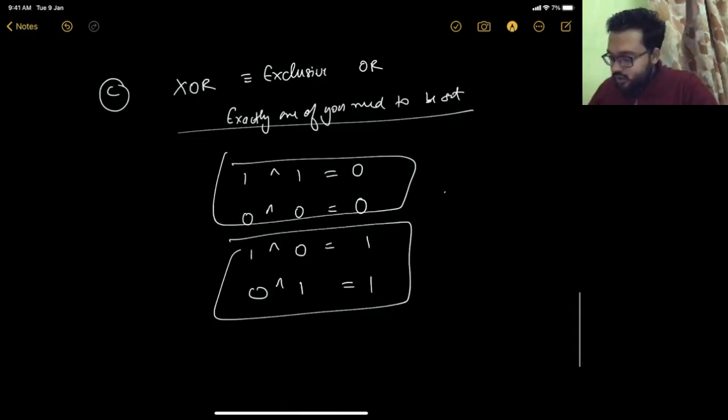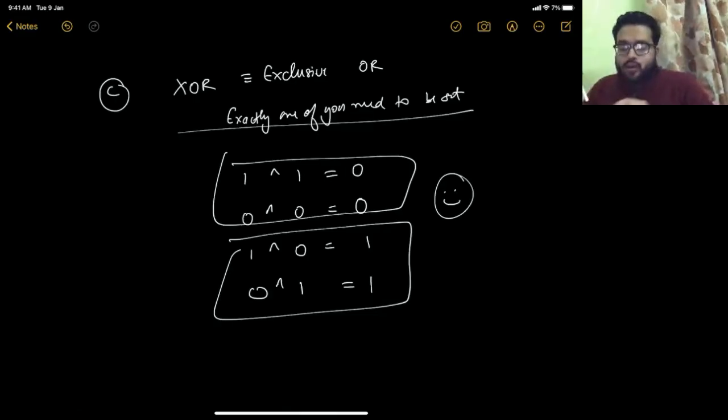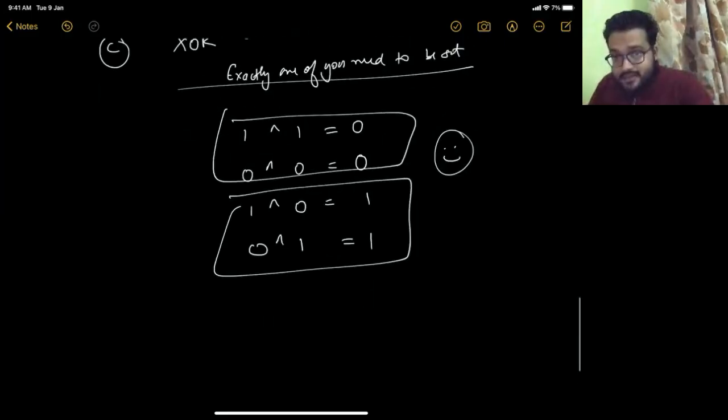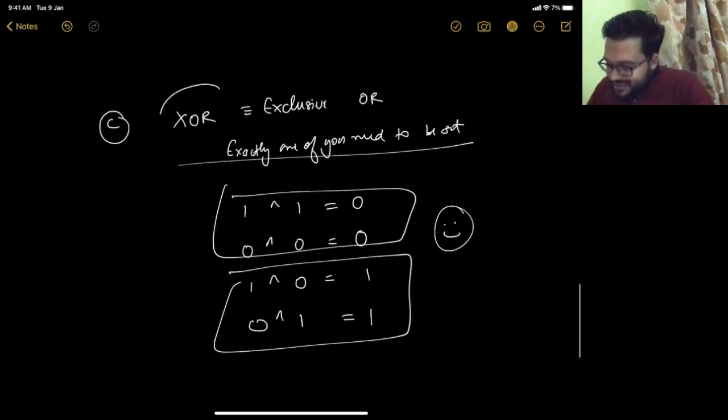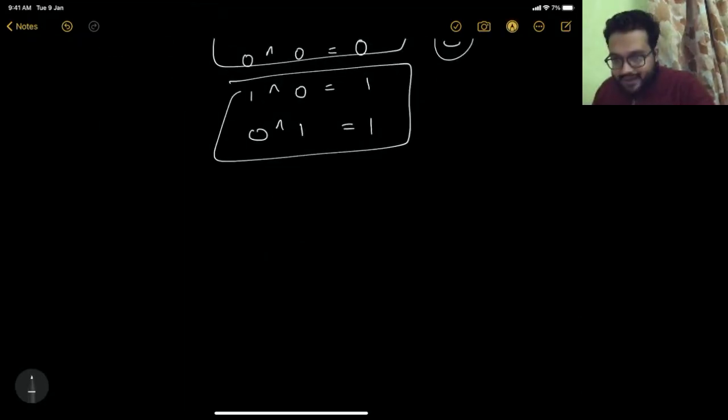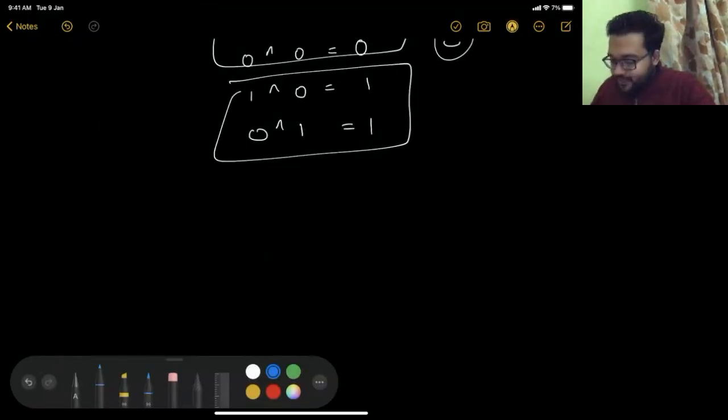Cool. I hope we have understood all the fundamentals that we wanted to know. Before we move ahead, let's spend a few minutes trying to understand this XOR even more. Okay, so let me write a few properties of XOR, and you guys tell me whether that is making sense or not. Okay, properties of XOR.